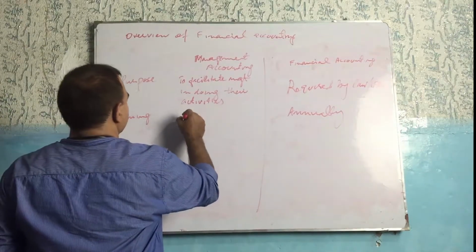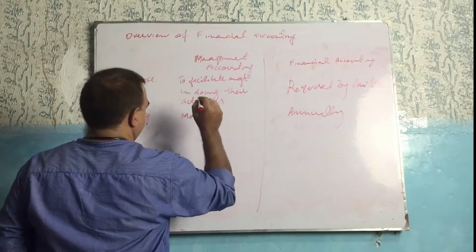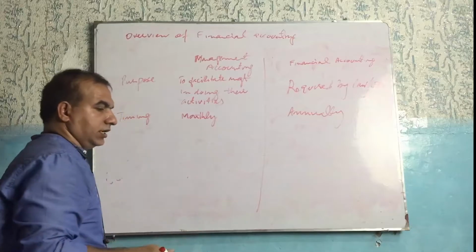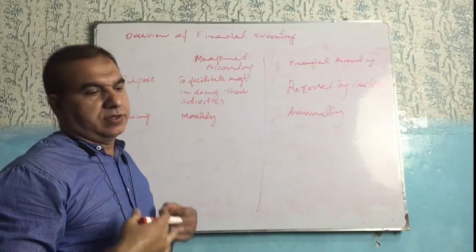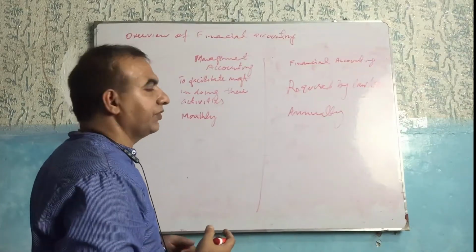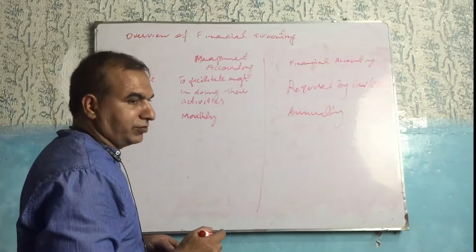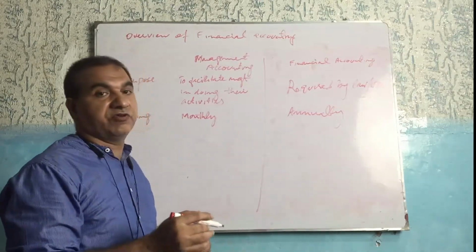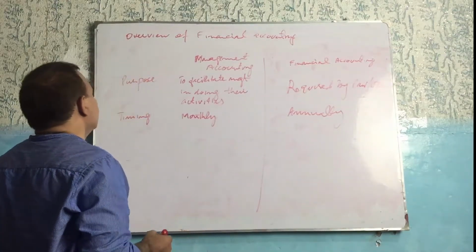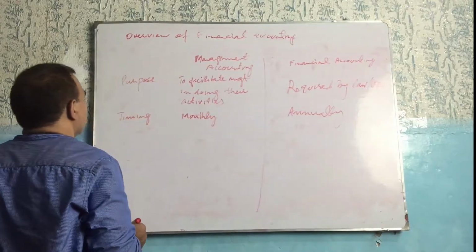Generally, we say monthly, but it can be weekly, even daily. If management is worried about something, the accountant will remain busy all the time, because they can come anytime and ask for anything you never expected. So no timing, could be daily.